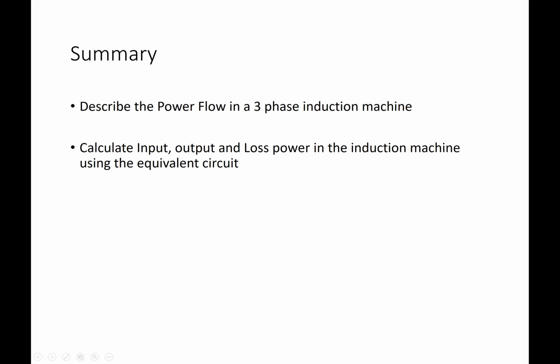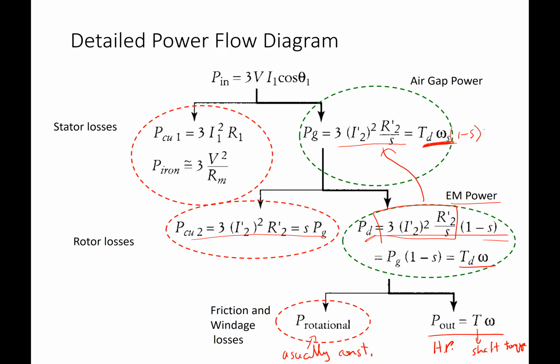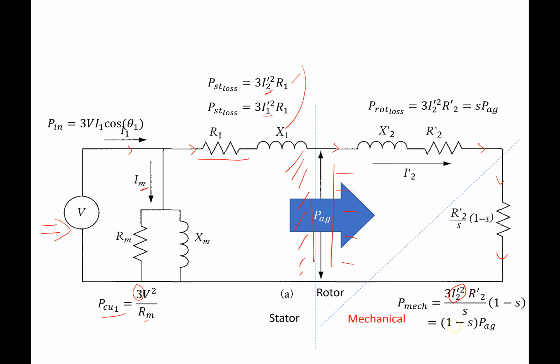In summary, by now you should be able to describe the power flow in a three-phase induction machine, and you should be able to calculate using your equivalent circuit the output and loss power in the machine. And again, once you keep in mind that equivalent circuit, the power is the same as you'd calculate in a normal circuit, I squared R. All you have to do, let's just go back, is remember that this is the mechanical side here.